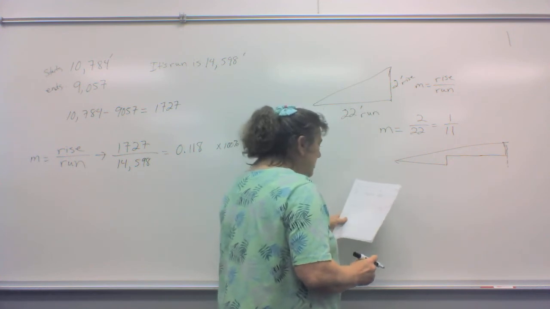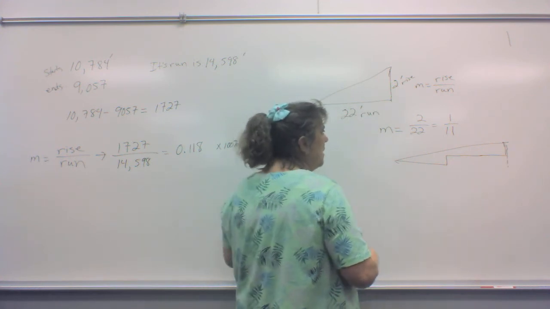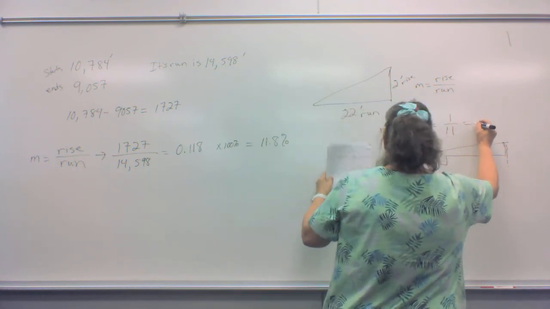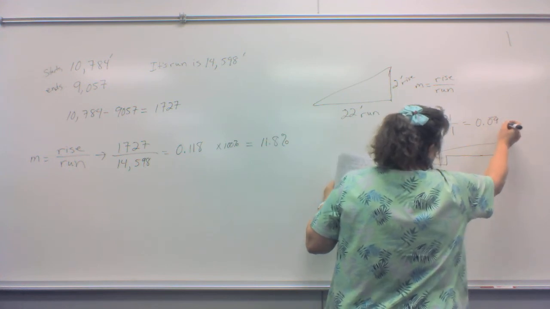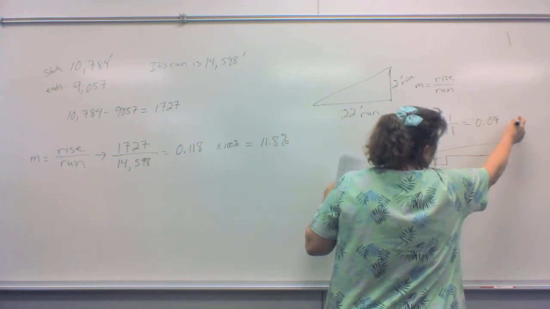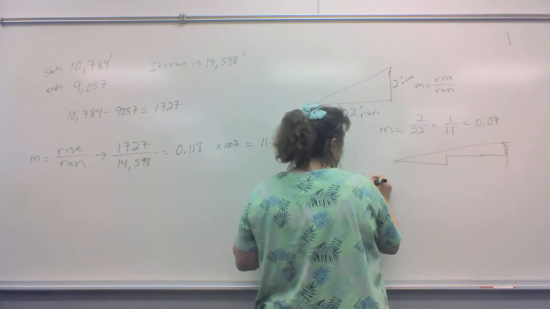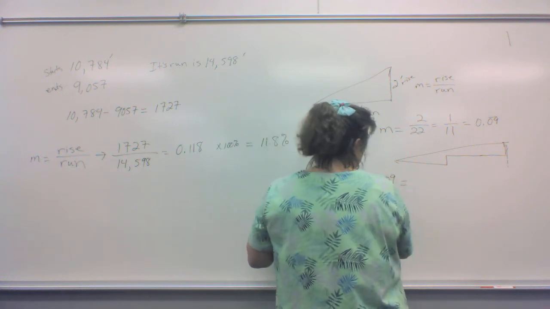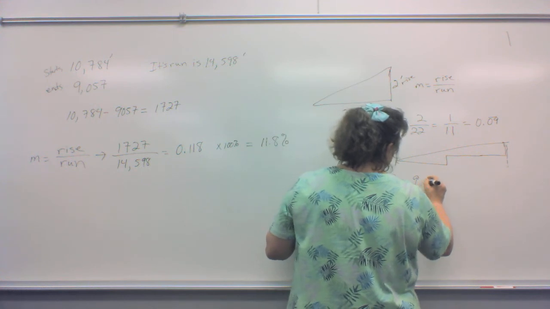And then it wants to know what is the percentage of increase of this particular ramp. So you'll divide 1 by 11, and you'll end up with 0.09, and it repeats. So that means 0.90909. So turning that into a percentage, multiply times 100, move the decimal 2 places, 9.09.